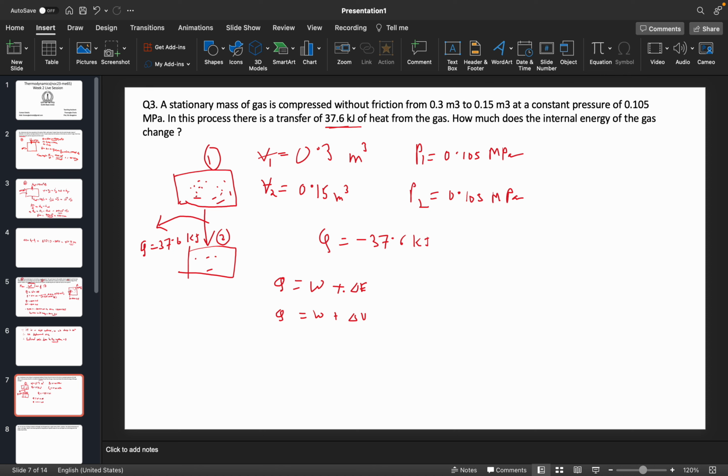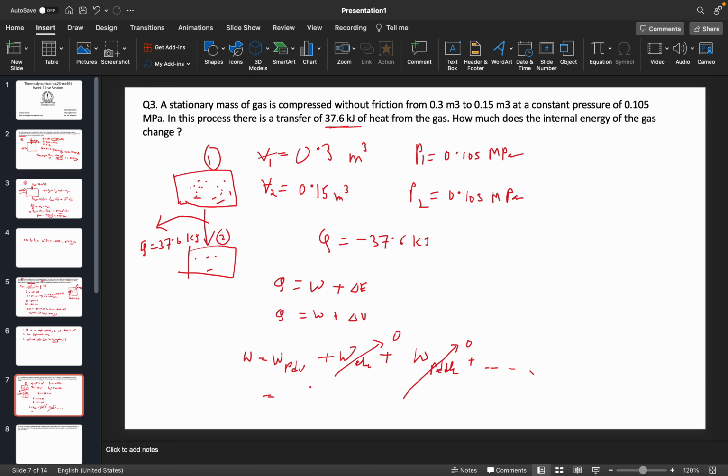So W can be expressed as W PdV plus W electrical plus W pedal, and so on and so forth. Right now no electrical work is given, so it is 0. No pedal work is given, it is 0, but there is a displacement work, PdV work.